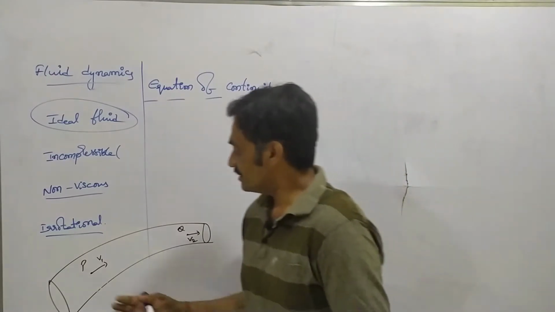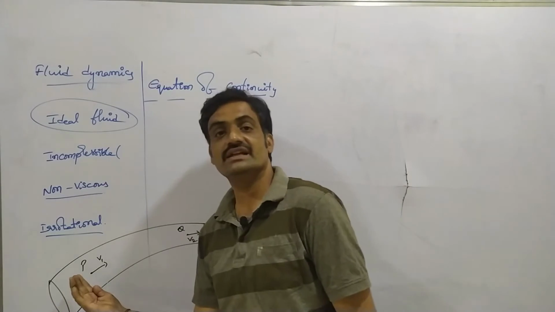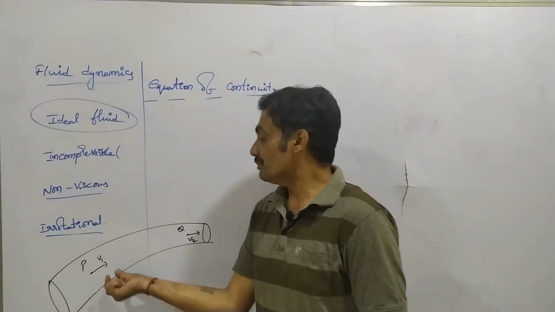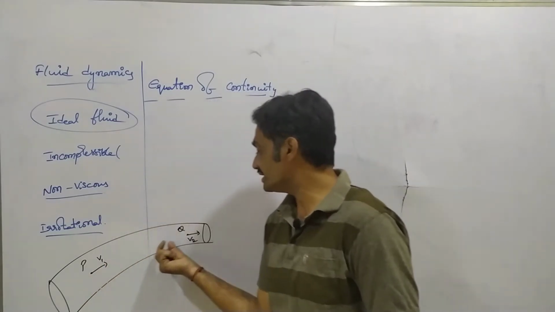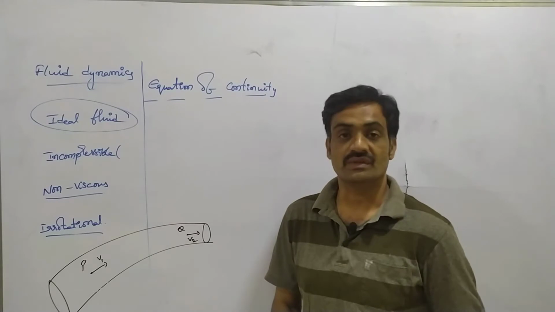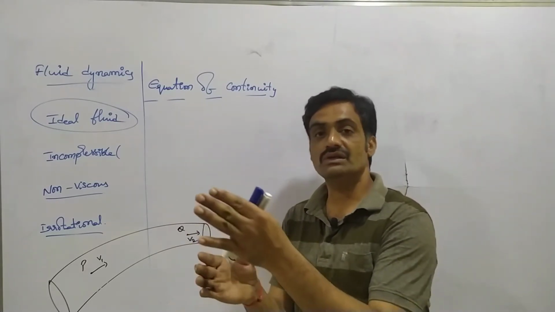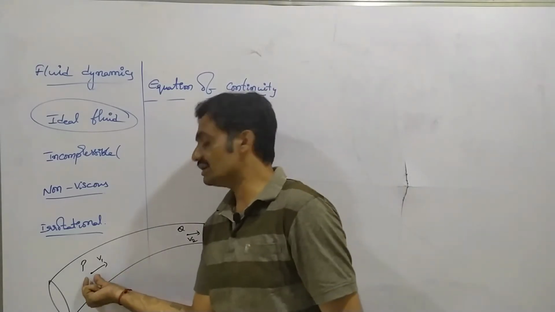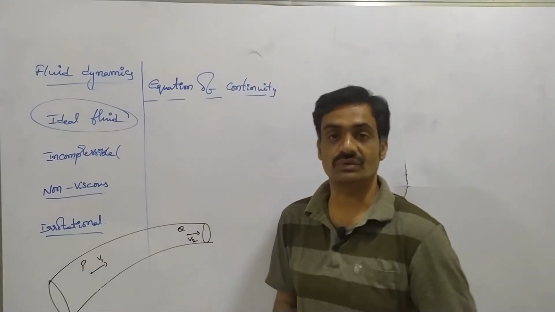After this molecule has crossed point P, the next molecule entering the point P possesses the same velocity, and if it reaches point Q, it possesses the same velocity v2. This means at any particular point, one by one molecule will attain the same velocity at that point. That represents a steady flow.